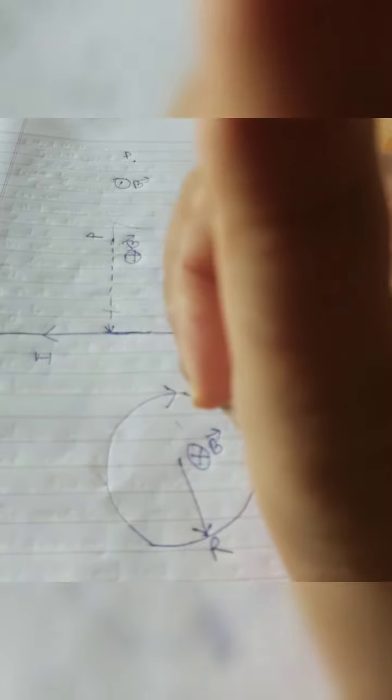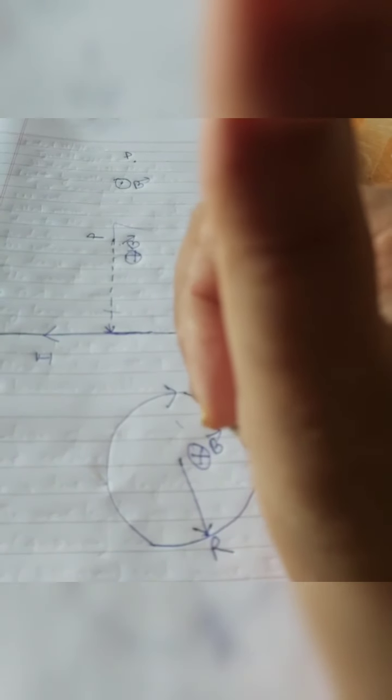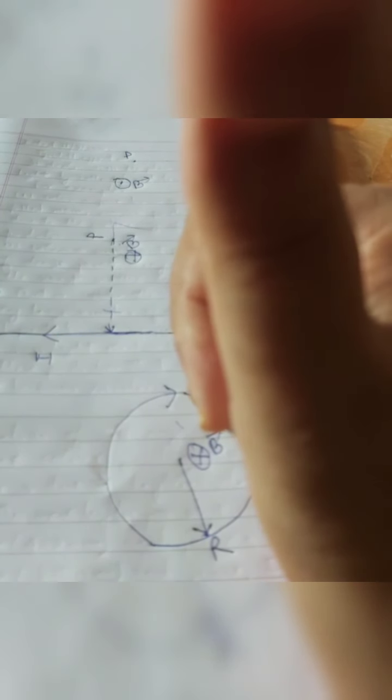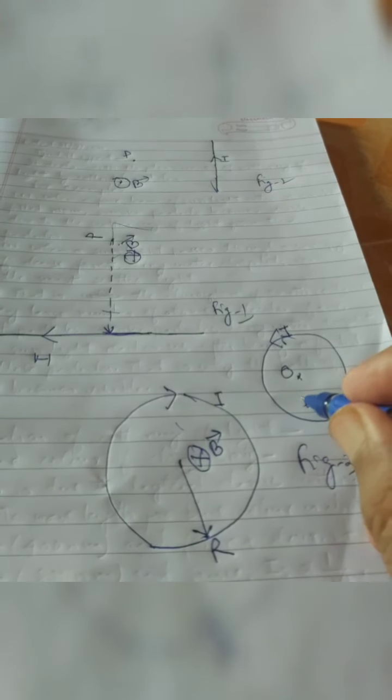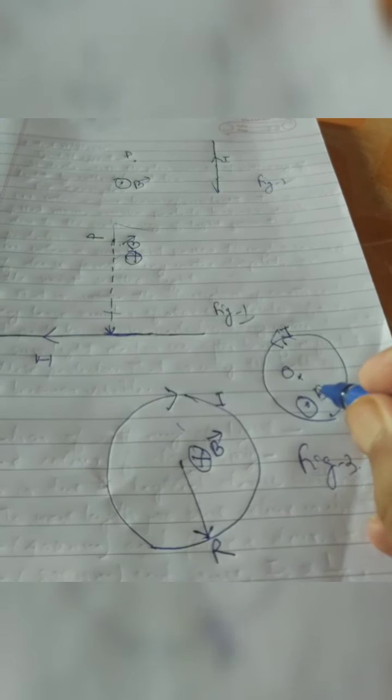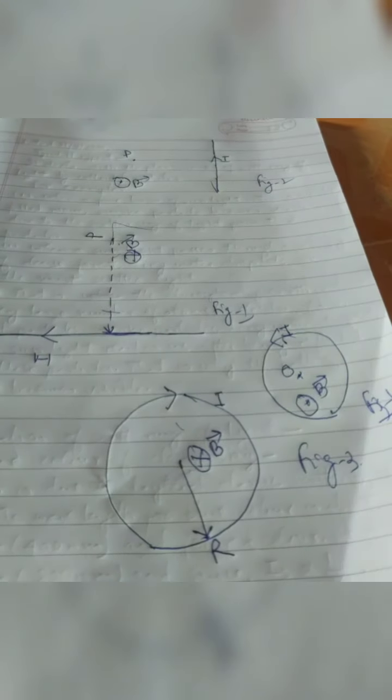So the thumb is out. So here the thumb will indicate the direction of magnetic field, and it will be a dot at this center. And here the thumb will indicate the direction of magnetic field going into it, a cross, like this.